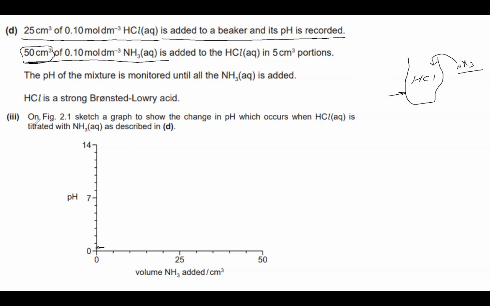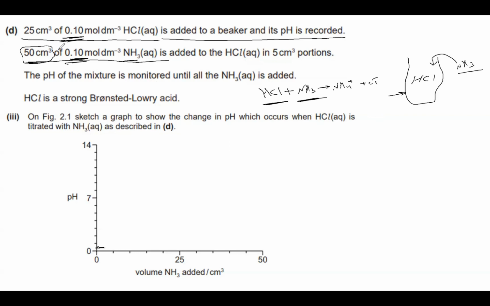Look, guys, keep this in your mind. When both reactants have the same concentration, as you see here, HCl and NH3, and both of them, as you see from this equation, HCl plus NH3 gives NH4+ Cl−, react in the same mole ratio, 1 mole of HCl reacts with 1 mole of NH3, and both have the same concentration, so both will react in the same volume.